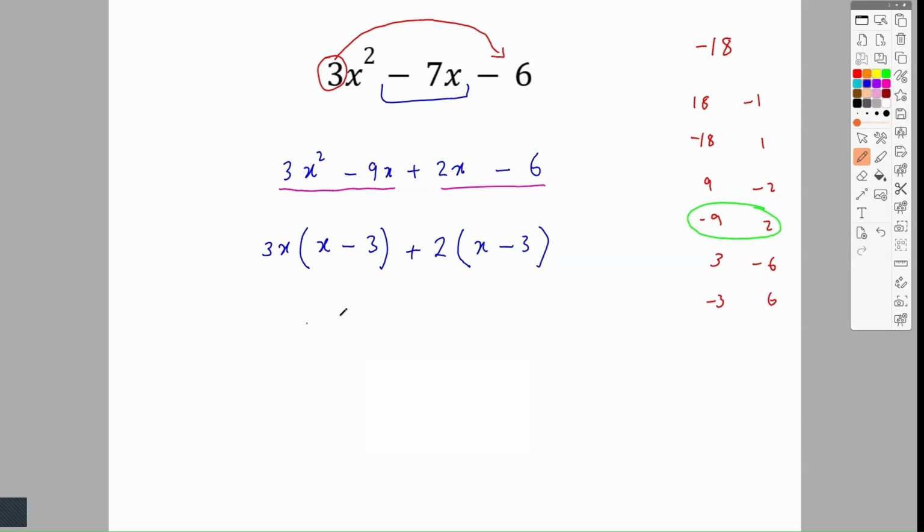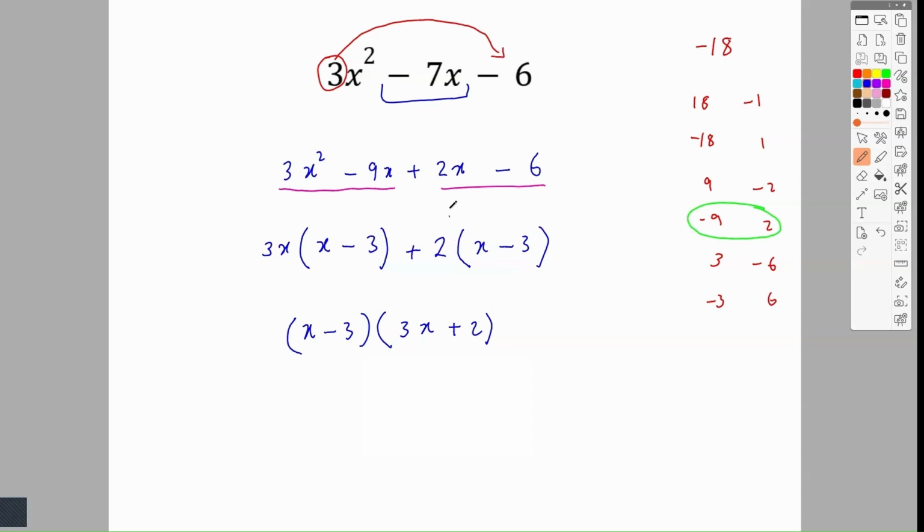And now the last step, we have x minus 3 as a common factor. So we put it in the parenthesis times the rest of the numbers, which is 3x plus 2. And we're done. If you expand these parentheses, we get 3x squared minus 7x minus 6.